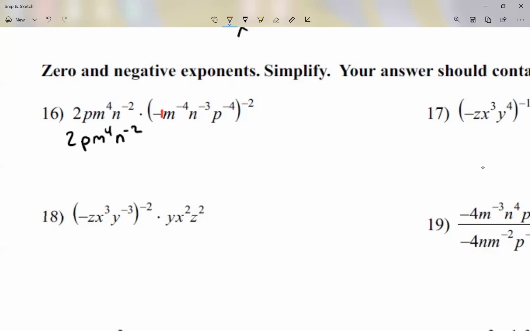So now for parentheses, I see a negative 1 to the 1. So I'm going to have a negative 1 squared, m to the negative 2, m to the 8, n to the 6, and p to the 8. Notice a negative 2 on my exponent on the outside. I multiplied it to all of my exponents.